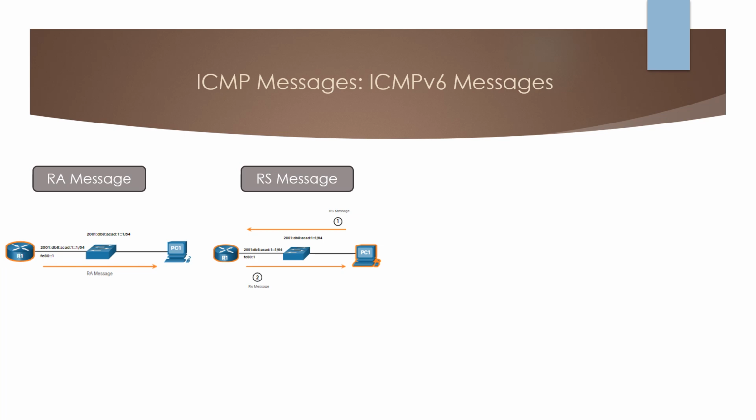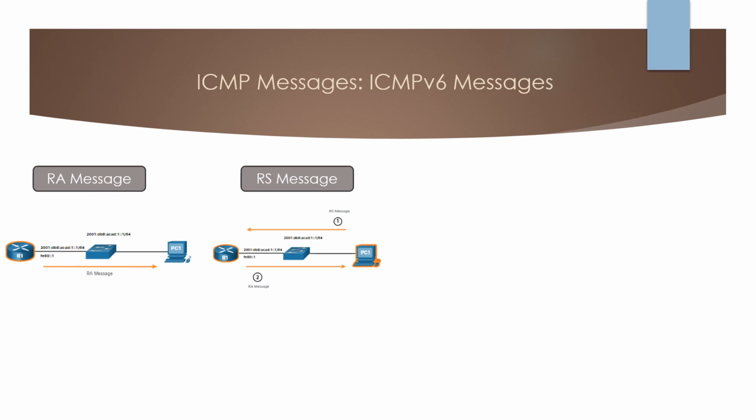So at the first step, PC1 sent a router solicitation message by saying, hi, I just booted up. Is there any IPv6 router on the network? I need to know how to get my IPv6 address information dynamically.